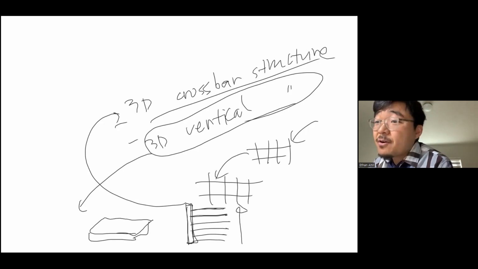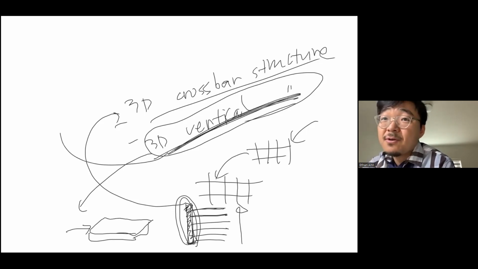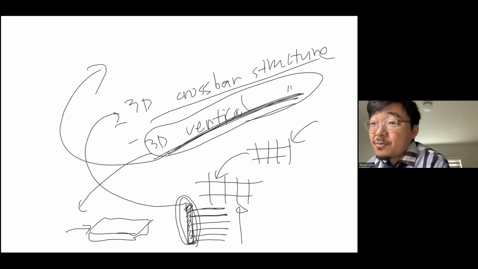So device-wise, it's completely different. Your resistive switching layer is not a planar thin film but a vertical structure. This 3D vertical structure is the one I believe is most promising in terms of increasing the density and lowering the fabrication cost.